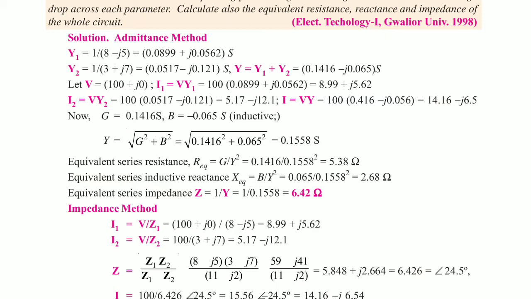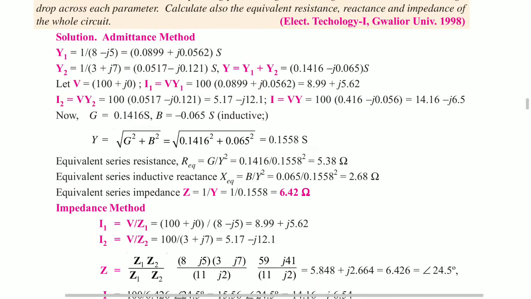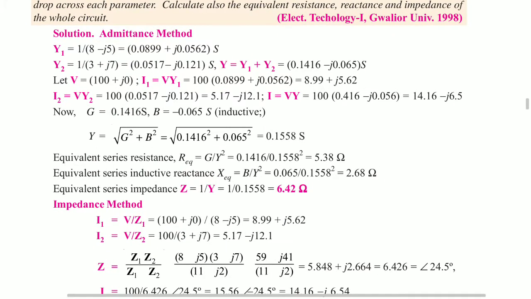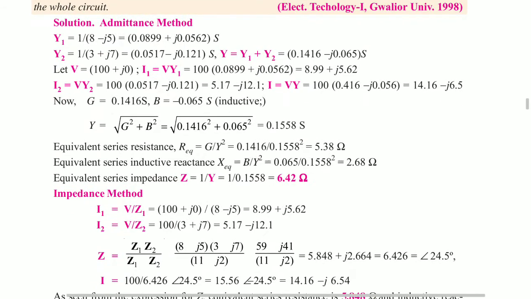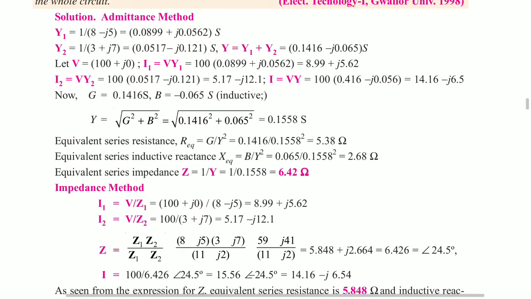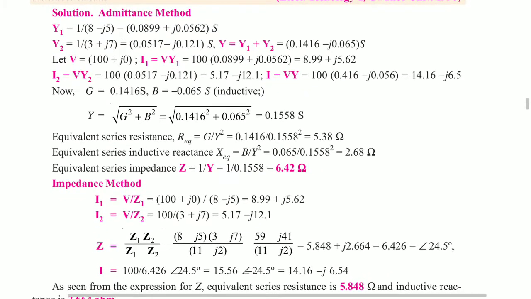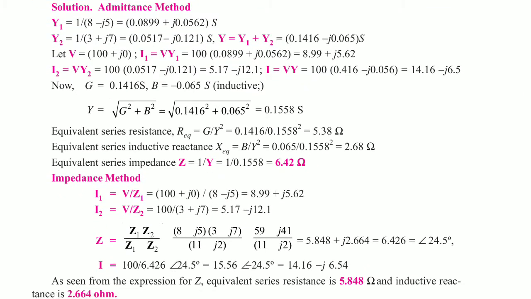Now G is equal to 0.1416 S, B is equal to minus 0.065 Siemens, that is inductive. Now the resultant Y is under root of G square plus B square, that is 0.1416 whole square plus 0.065 whole square, that is equal to 0.1558 Siemens.